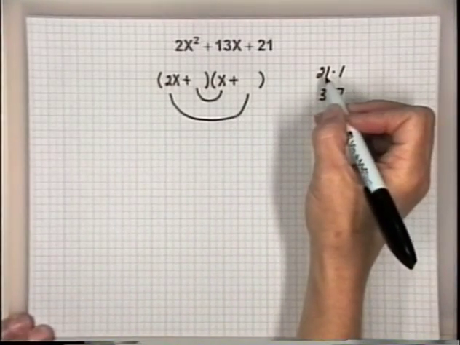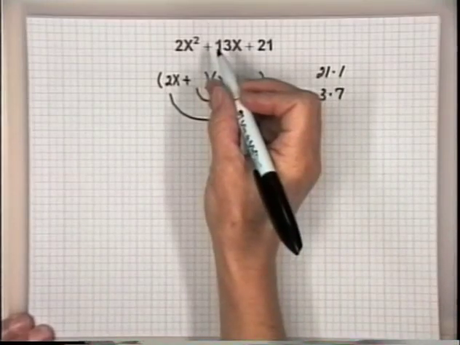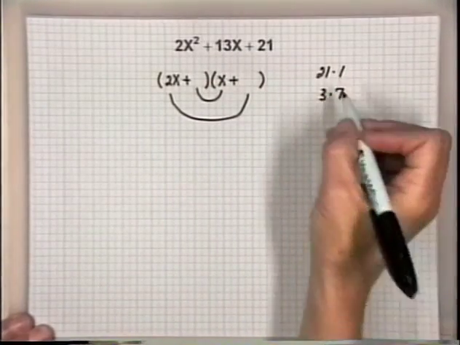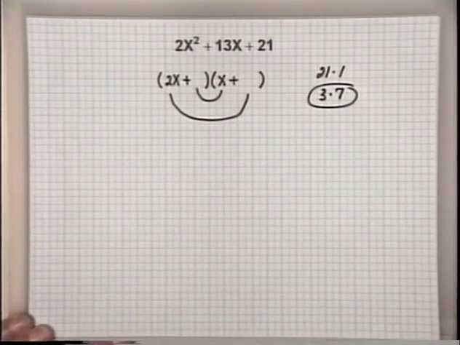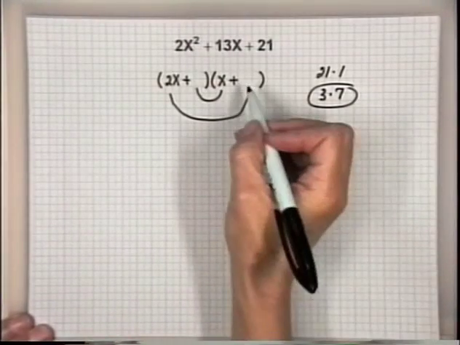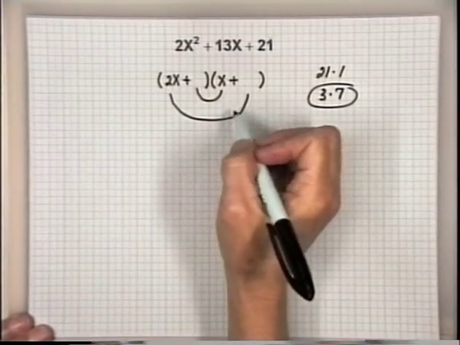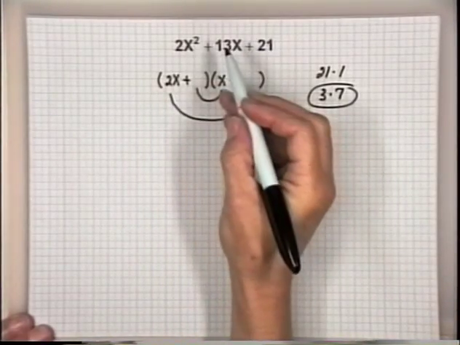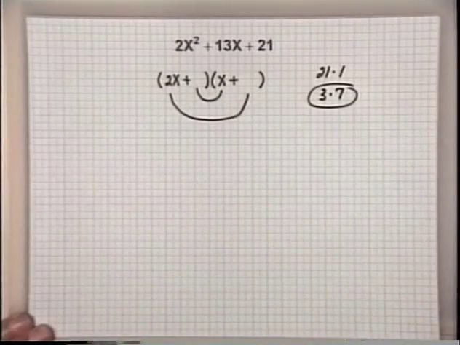Looking at these factors, since 21 is already more than 13, this is probably not a good choice. Let's try the numbers 3 and 7 and see if we can make those work. I notice that if I put a 7 here, 7 times 2x would be 14x. That's more than 13x.